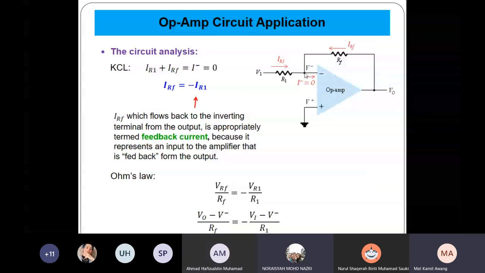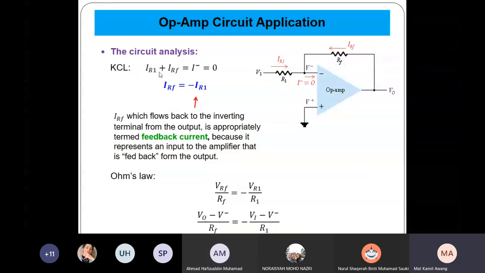In this case, you have three currents. You have IR1 going into the node, and you have the feedback current, which is IRF, going into the node, and you have I minus leaving the node, right?